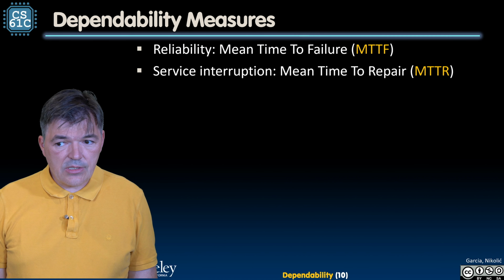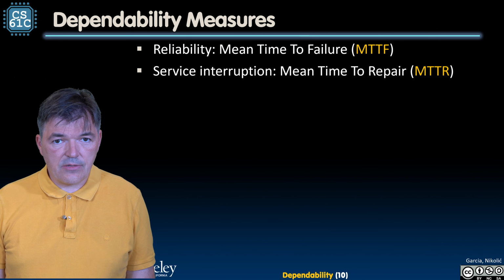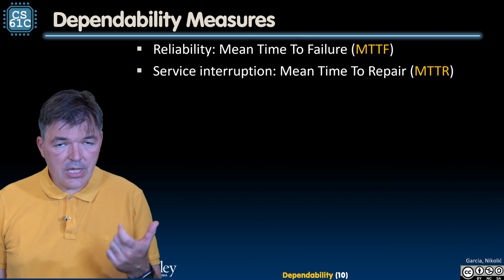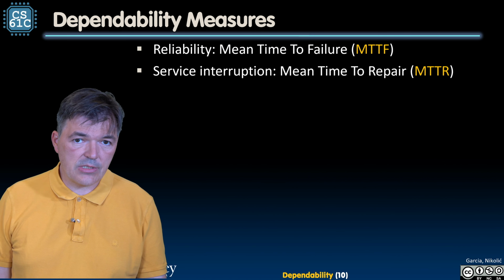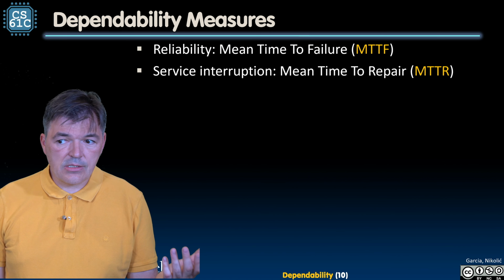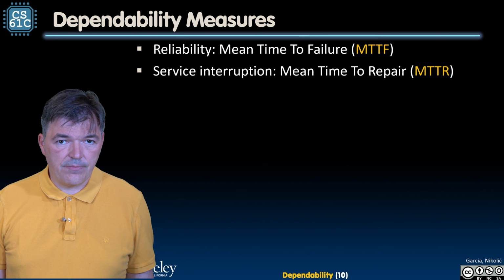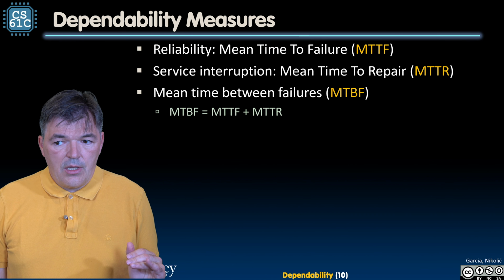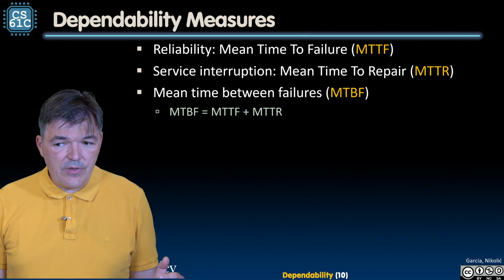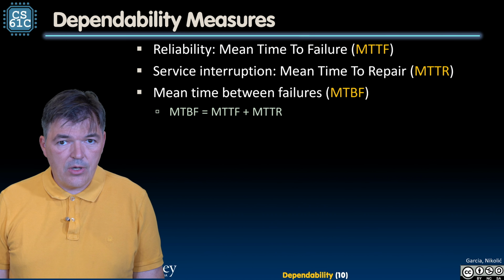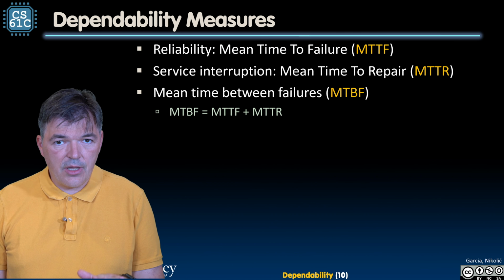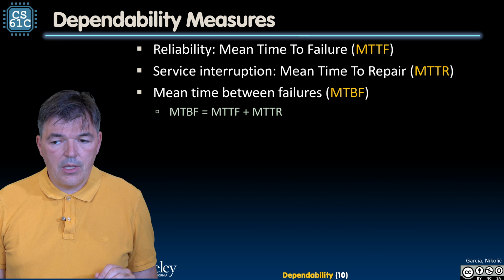The other metric is the service interruption, which is essentially how long we stay in that interrupted state. That is the mean time to repair. Mean time between failures is the sum of mean time to failure and mean time to repair.